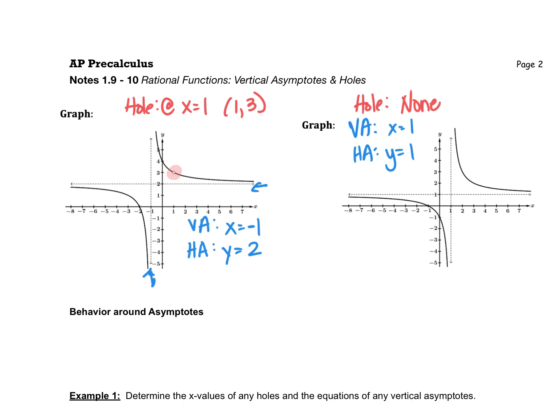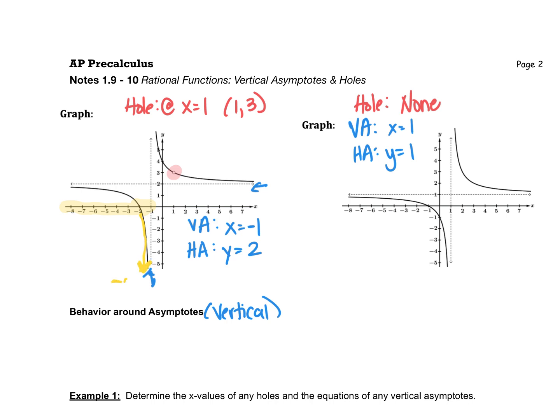So now what I want to do today is talk about behavior around asymptotes and specifically vertical asymptotes, okay? If we look back up at the graphs that we have up here, if you notice, as we get closer to that asymptote from the left-hand side, what's my picture doing? Is it going up or going down? Yeah, it's going down. It's getting closer to that asymptote.